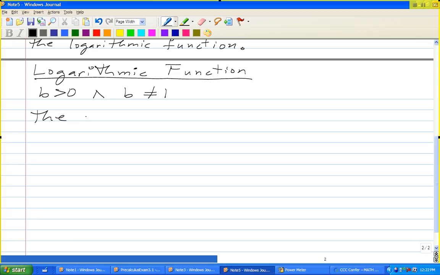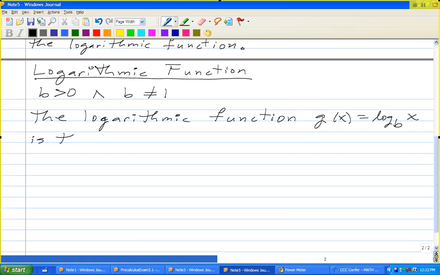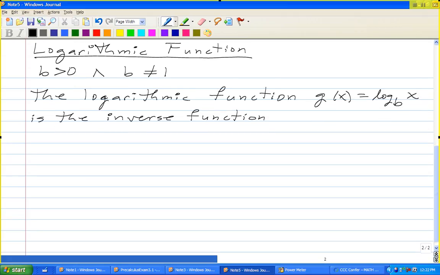Then the logarithmic function, let's call it g of x, the log base b of x, is the inverse function of the exponential function.